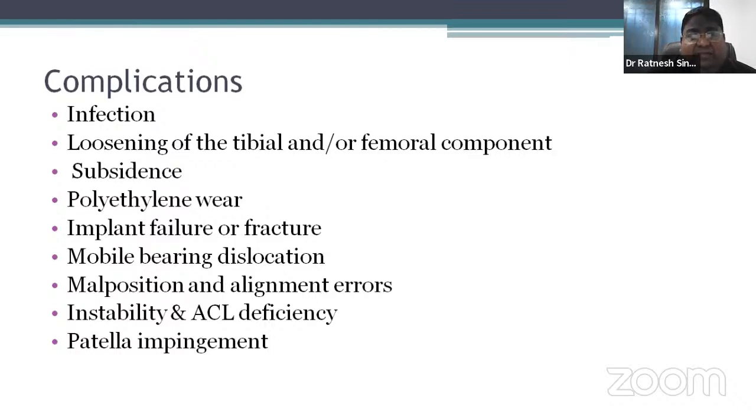Polyethylene increased wear, implant failure or fracture, mobile bearing dislocation in cases of Oxford knee, malpositioning and alignment error, instability in ACL deficiency, and patellar impingement. Newer instruments have been designed to prevent this patellar impingement.